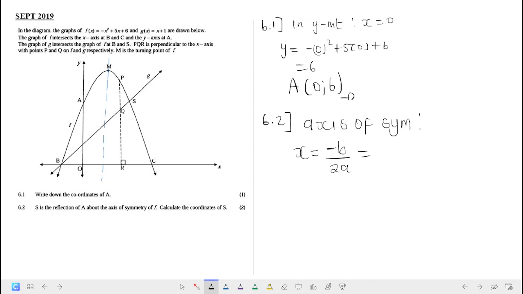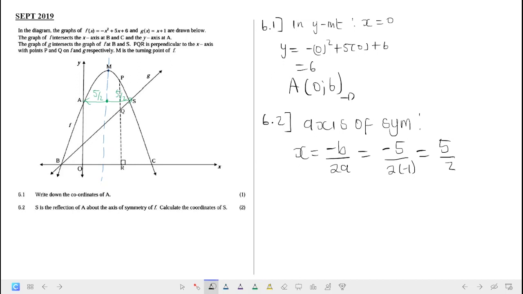Here my b is 5 and my a is minus 1, and pressing this on your calculator, you get 5 over 2. What does this 5 over 2 mean? From this point to the left it's 5 over 2, and to the right it's also 5 over 2.